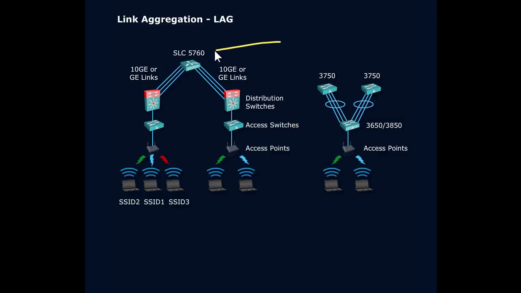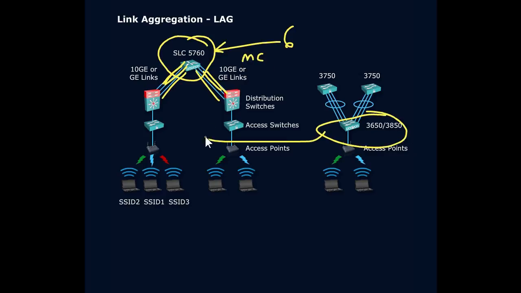Now, on the left-hand side here, we're seeing this change of mode. In this case, we have our access switches, our distribution switches, and our centralized 5760. In that case, it has 6 of our 10 gigabit ports, and so essentially you can see we can have link aggregation working downstream to the distribution switches, whether this is a mobility controller, and actually these are 3650s and 3850s running there, running as mobility agents. That's one way to operate it.